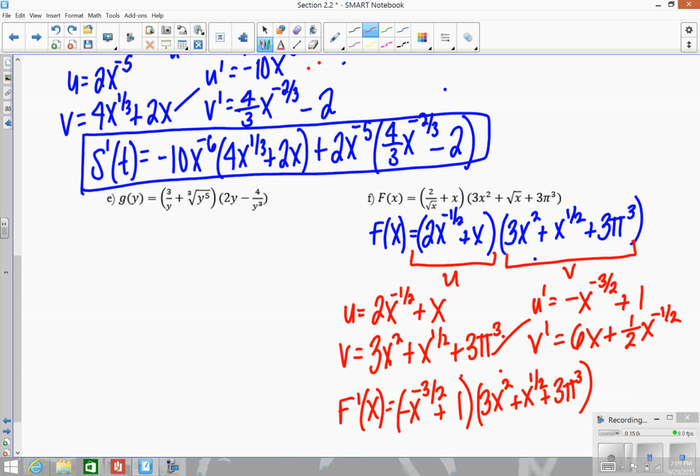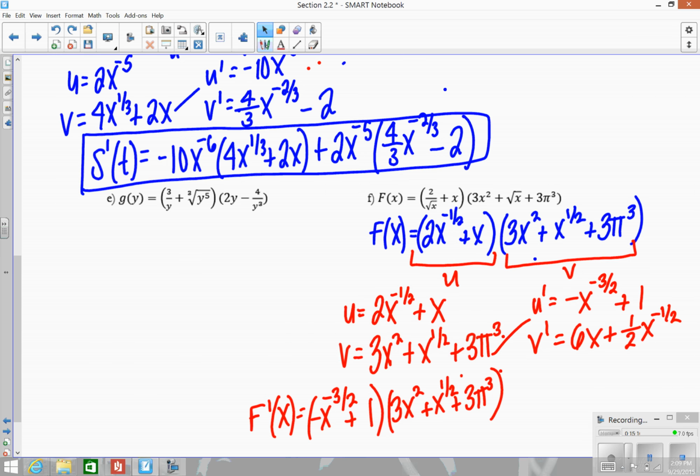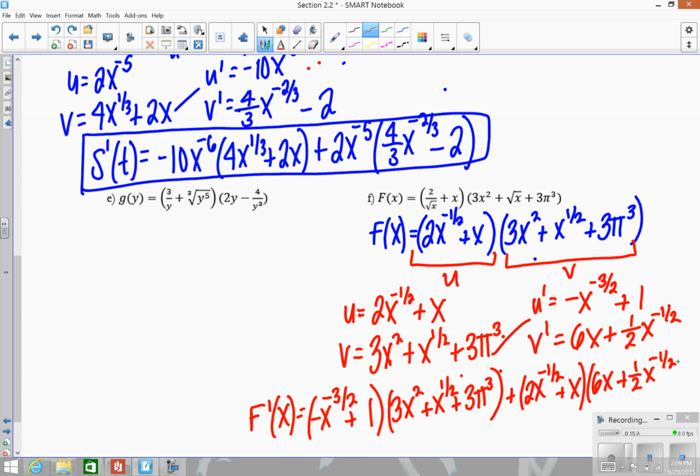You could switch those. And then, let me just move this over here. And then we have plus this stuff. So we have 2x to the negative 1/2 plus x times 6x plus 1/2 x to the negative 1/2. So there's your derivative.